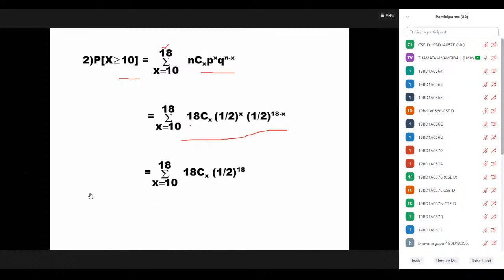When x equals 10, it is 18C10 into 1 by 2 whole power 10 into 1 by 2 whole power 18 minus 10, plus 18C11 into 1 by 2 whole power 11 into 1 by 2 whole power n minus 11, like that. That is how to expand.